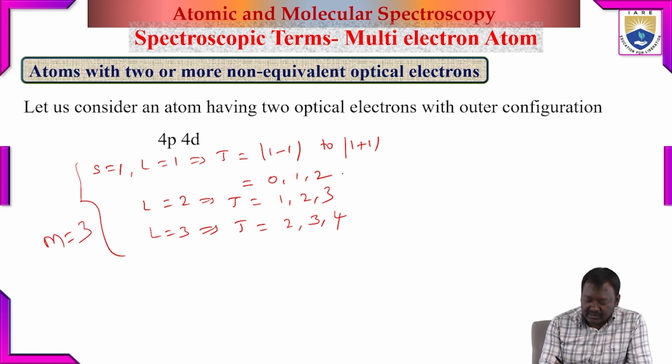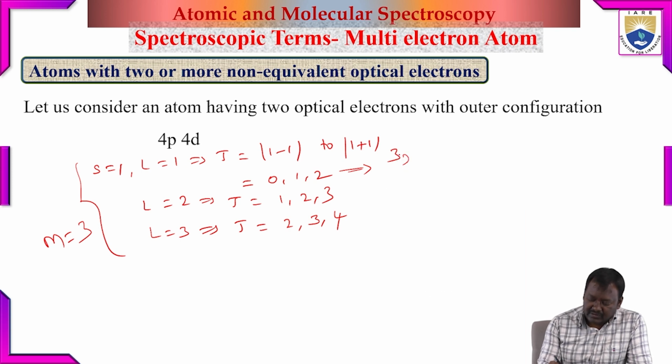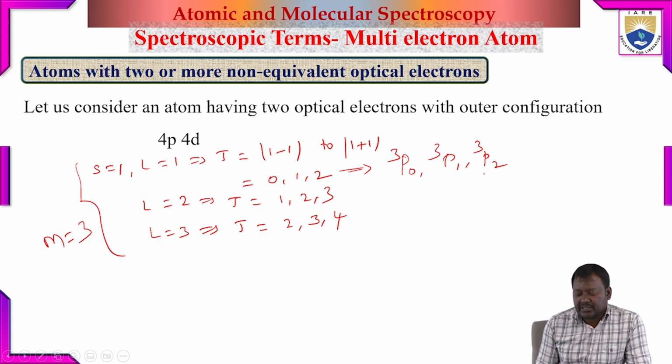For L equal to 1, that means P, 3P, with J values 0, 1, 2, that means 3P0, 3P1, 3P2.